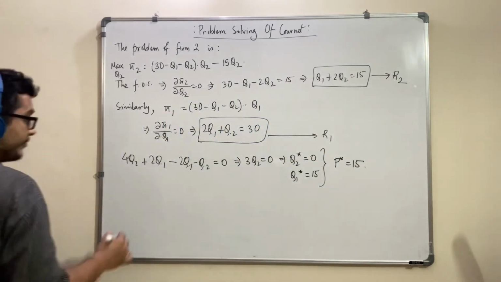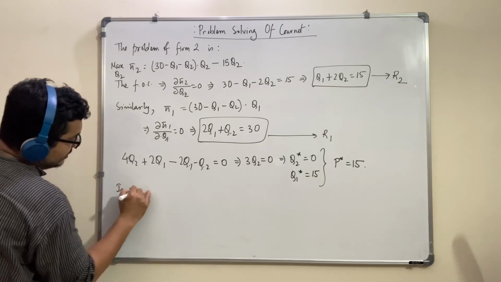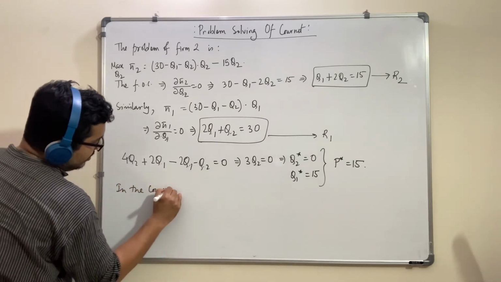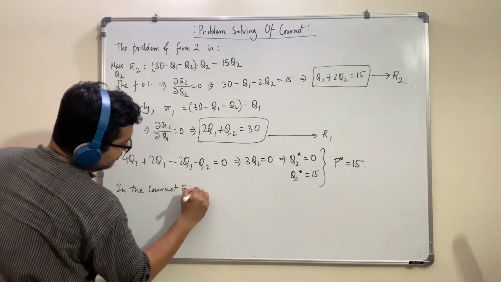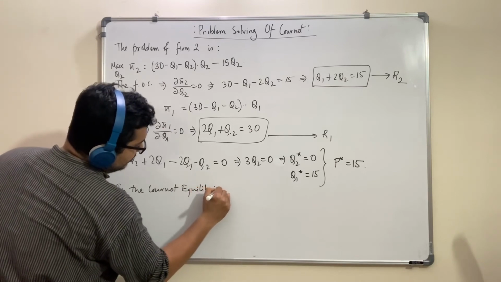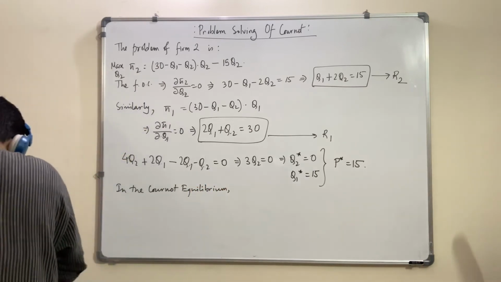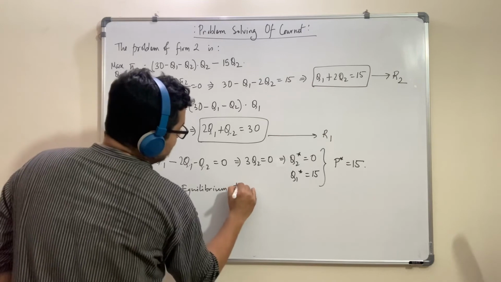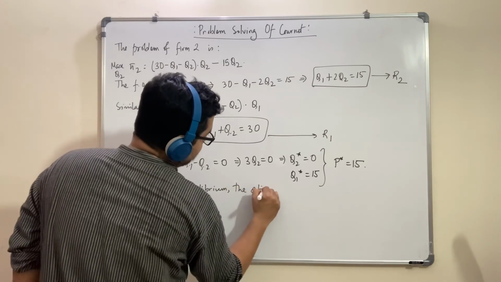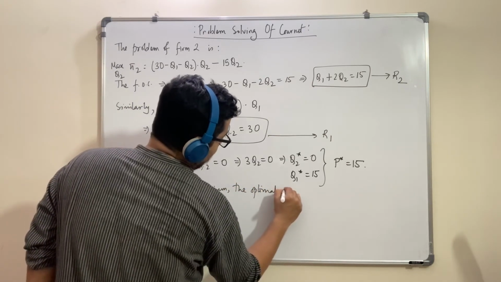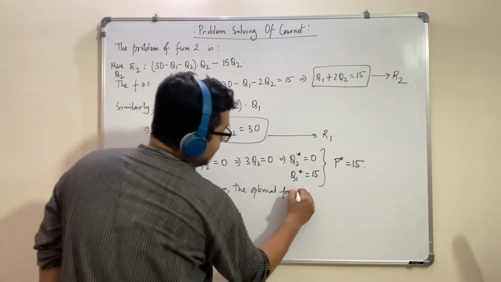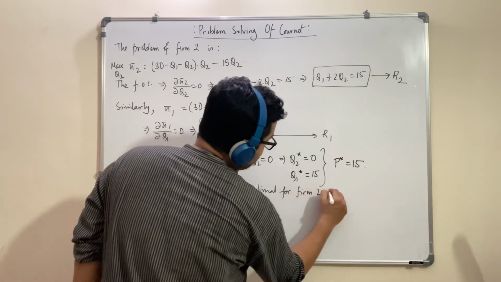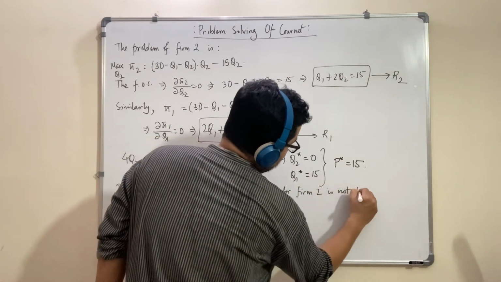So in the Cournot equilibrium, the optimal for farm 2 is not to produce.